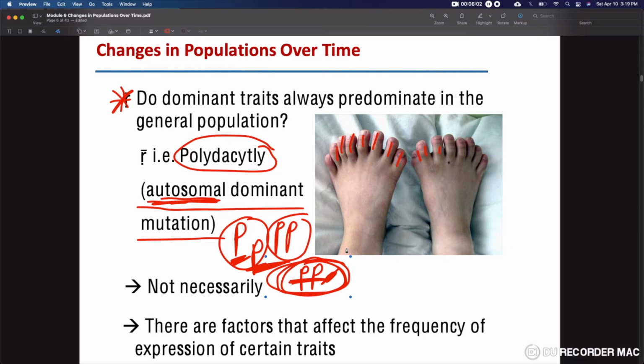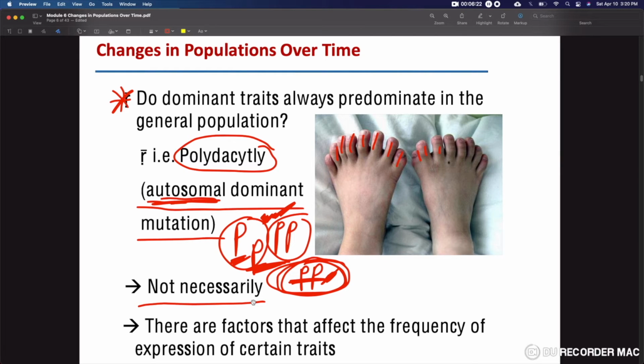How is that so? If it's a dominant character, why is it that it's not always expressed? Because in population dynamics, that's not necessarily the case.